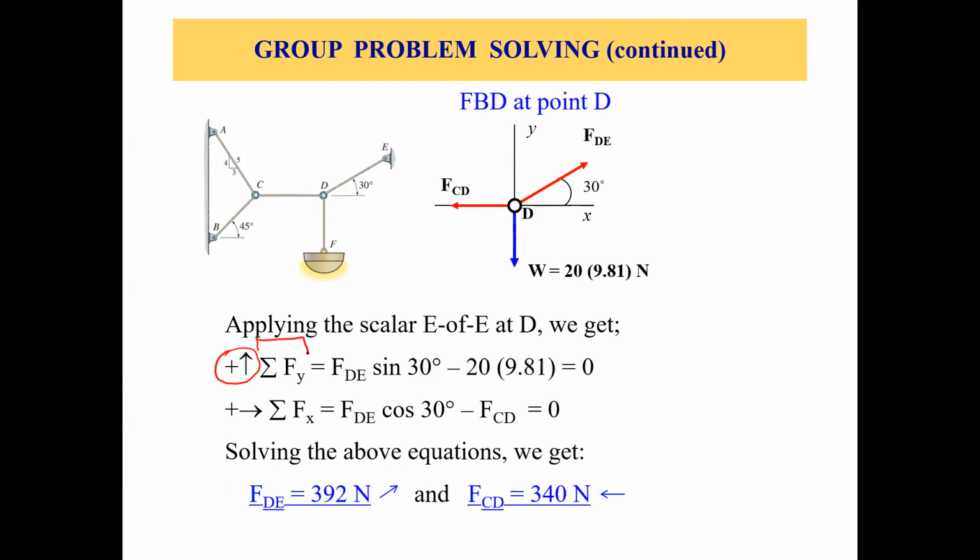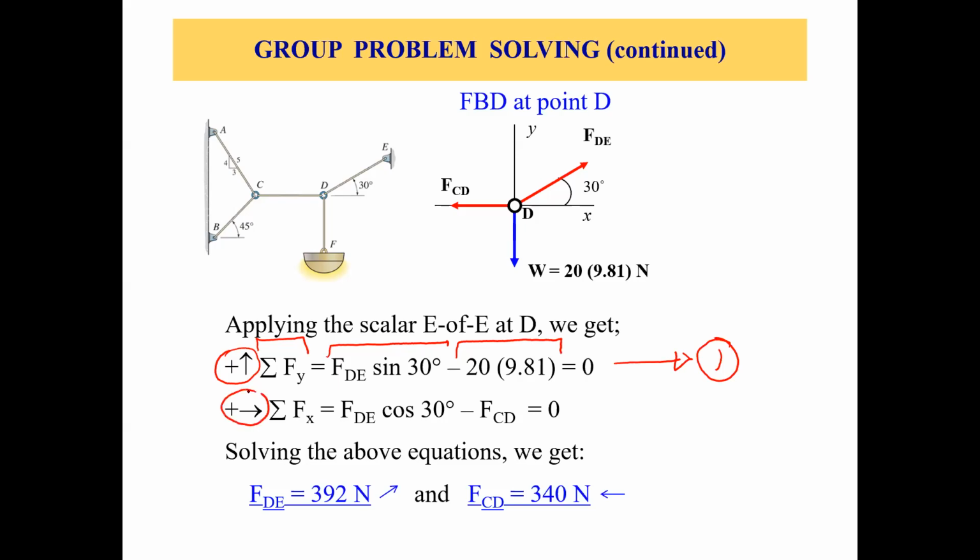How many forces in the y direction? We have two forces, a component of FDE and the weight W. So FDE times sine 30, a positive force, minus 20 times 9.81, a negative force acting downward, equals 0. This is your equation 1.